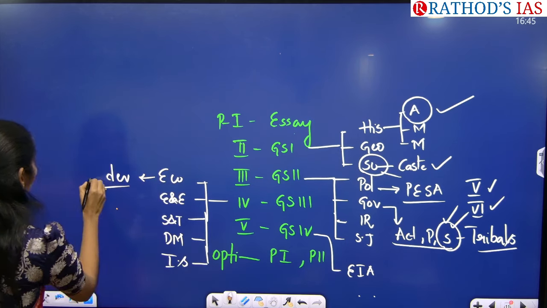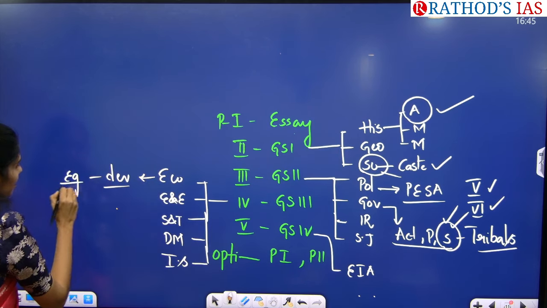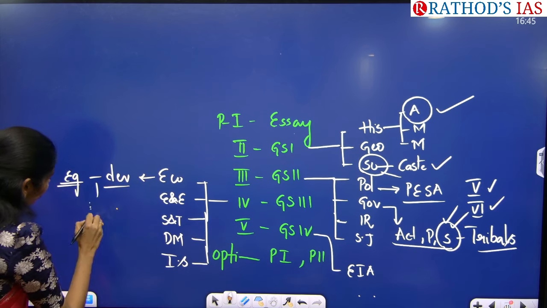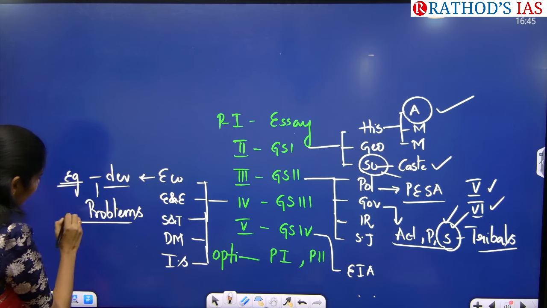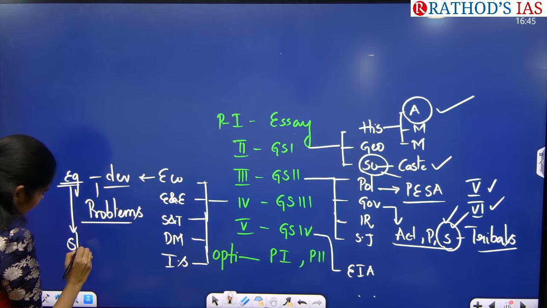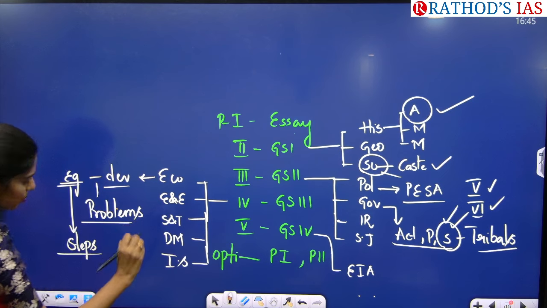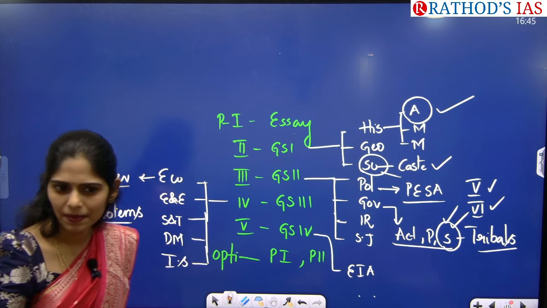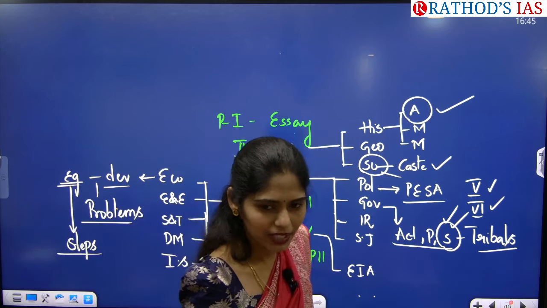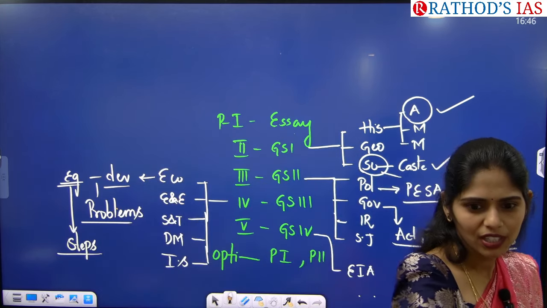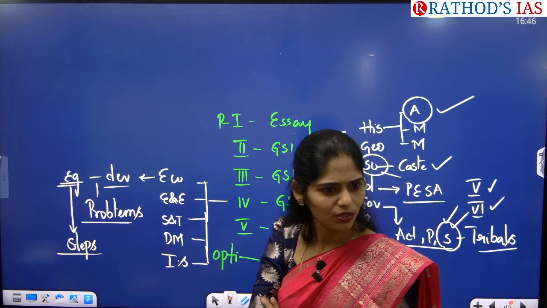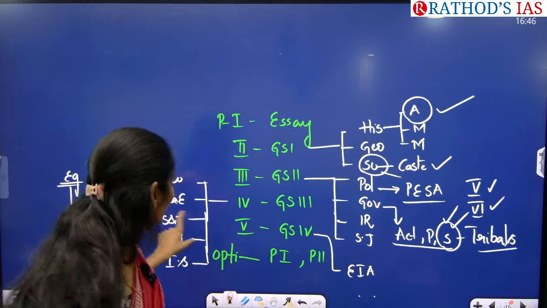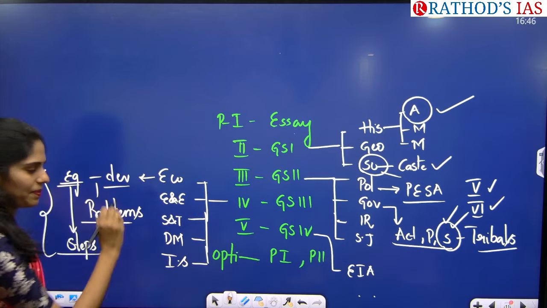So here you will be seeing about different developmental projects and what are the problems created for these tribal people and what are the steps taken by the government. So what government steps will be taken? If there is any development project, rehabilitation. Okay, is that rehabilitation reaching every tribal person who is in need? No. So all those things you will be reading.